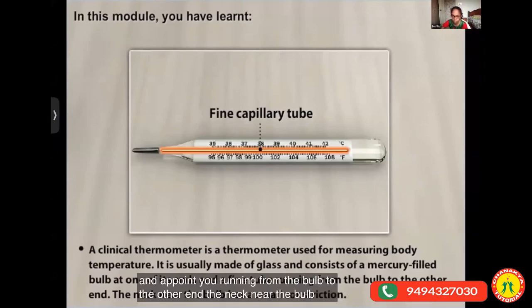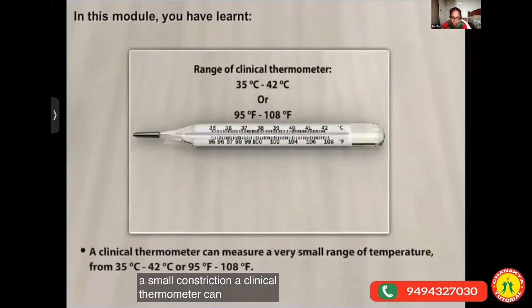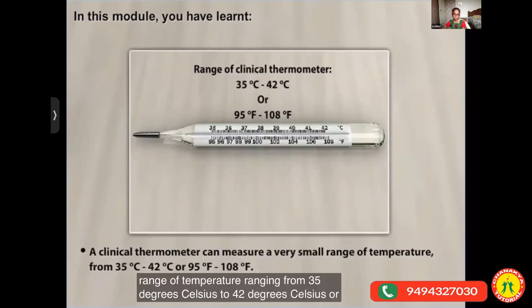The neck near the bulb has a small constriction. A clinical thermometer can measure a very small range of temperature, from 35 degrees Celsius to 42 degrees Celsius or 95 degrees Fahrenheit to 108 degrees Fahrenheit.